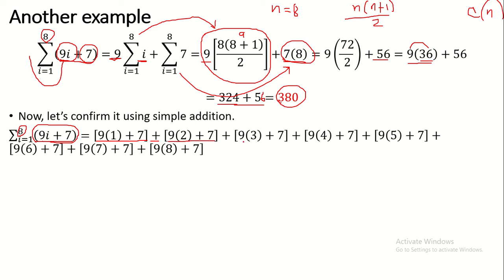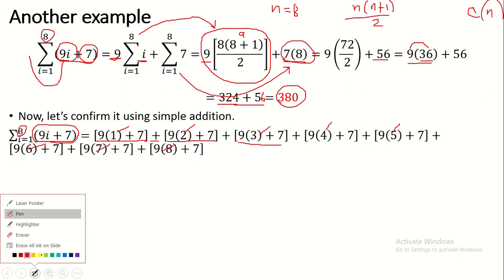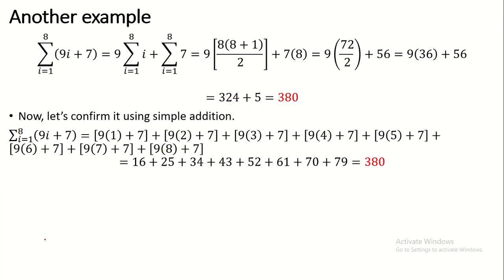If we have i is equal to 3, we have 9 times 3 plus 7, and so on. So isa-substitute natin yung i values from 1, 2, 3, 4, 5, 6, 7, 8. Okay, so dito, sa part na to, we have 9 times 1 is 9 plus 7 is 16.